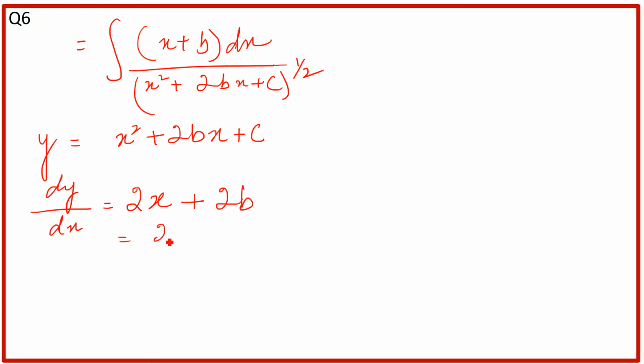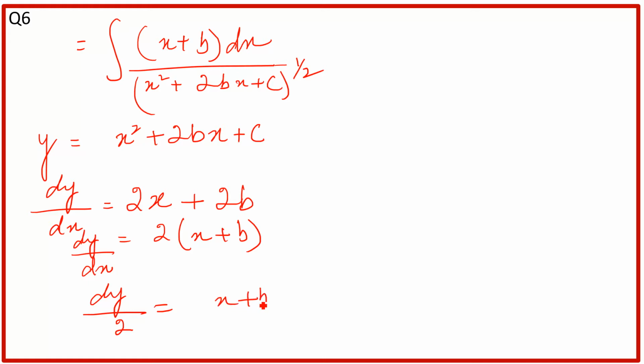So if I take 2 as common, we have 2 into (x plus b) here, and here we have dy by dx. So see, in the numerator we have x plus b dx, but here we have 2 into x plus b. So it means we do not have 2 in the numerator. So what we will do, cross multiply it: dy by 2 equals x plus b dx.